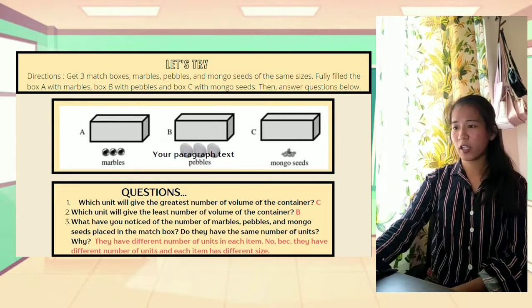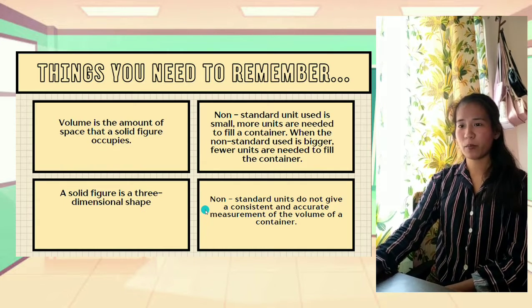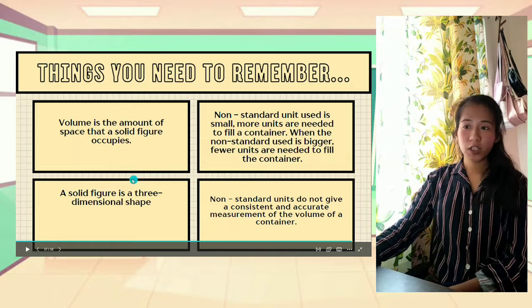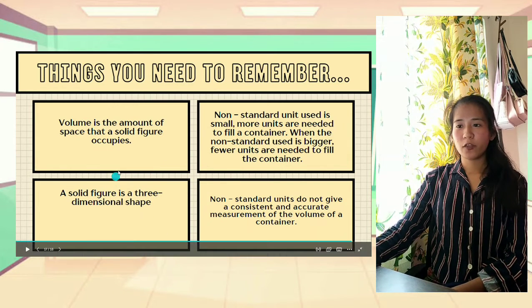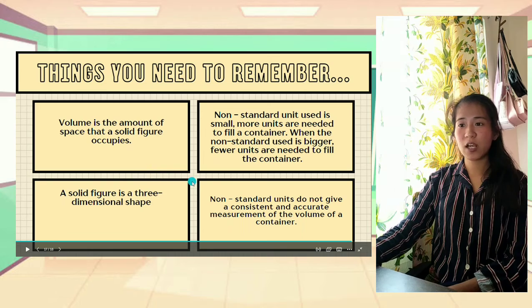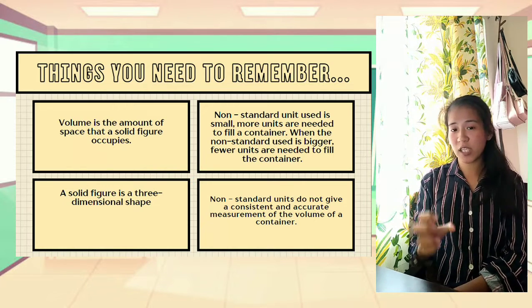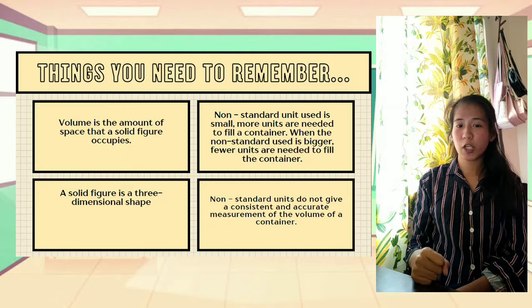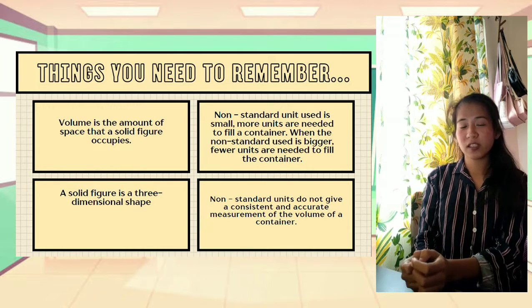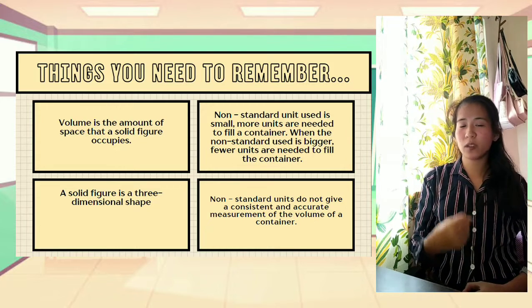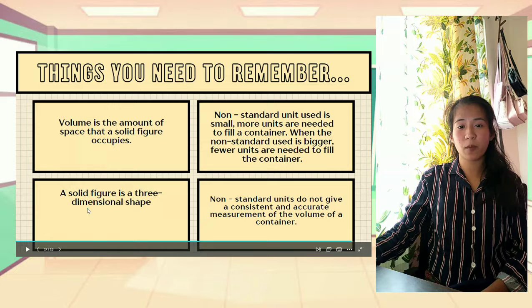Okay, let's proceed. Things you need to remember. Always remember, class, that volume is the amount of space that a solid figure occupies. When we say volume, it is the item or the space you put inside the box or container, that occupies the inside of the box or container. And a solid figure is a three-dimensional shape.